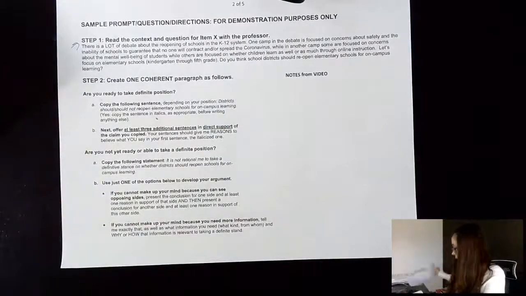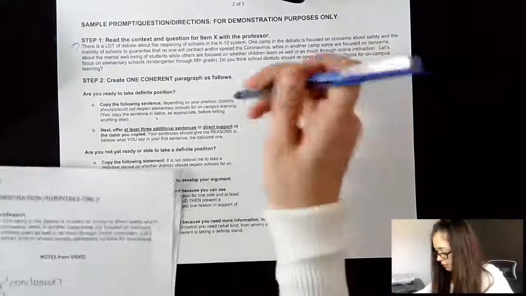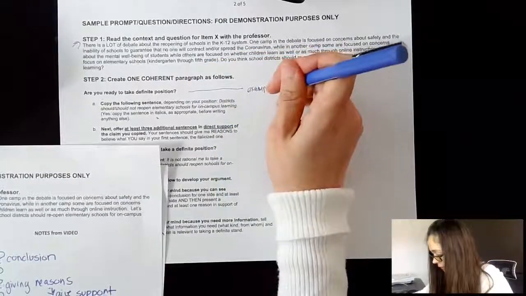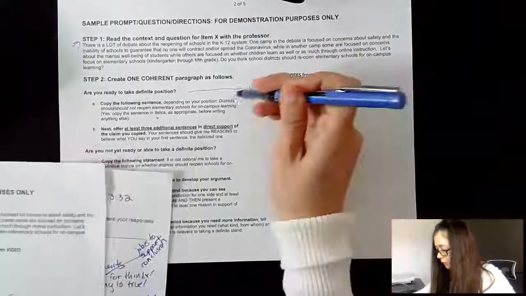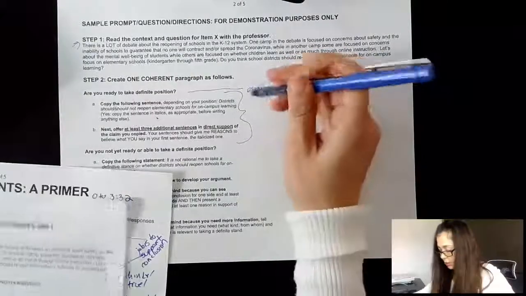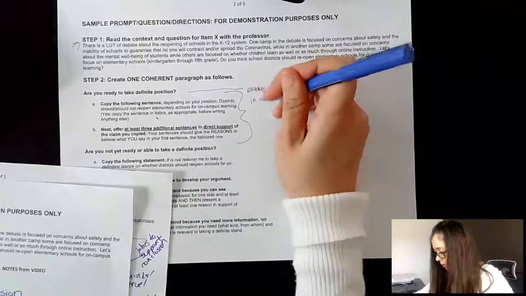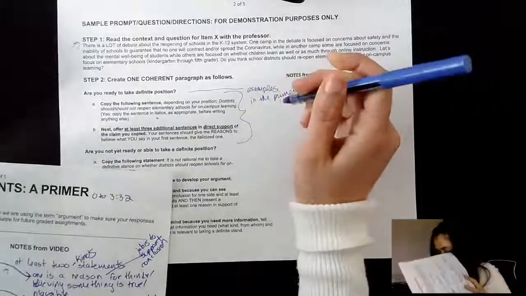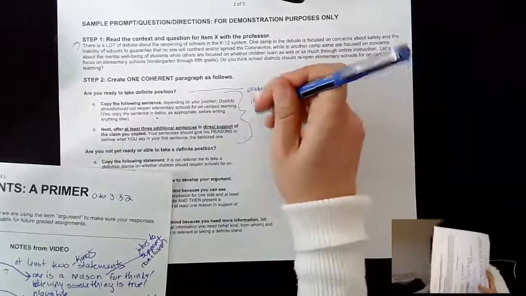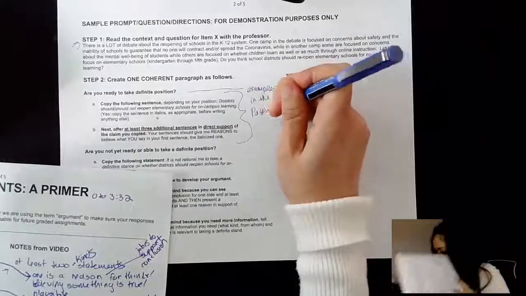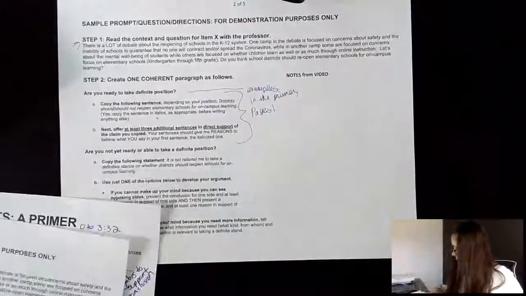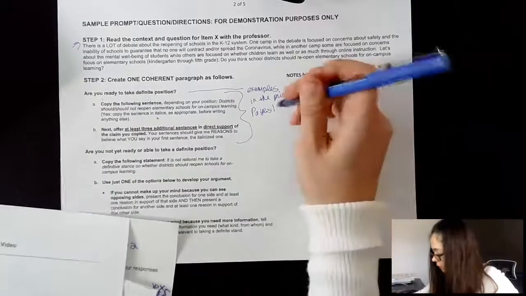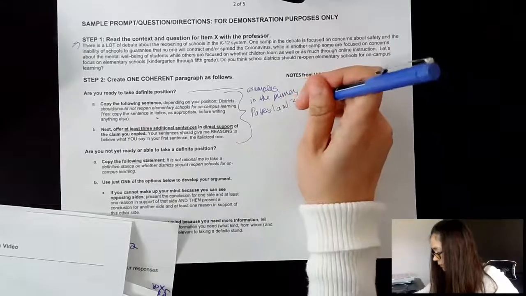Well, you might want to write in your notes here, right, that there are examples of taking a definite position and following all of the instructions in the primer. And that would be on pages 1 and 3, okay?